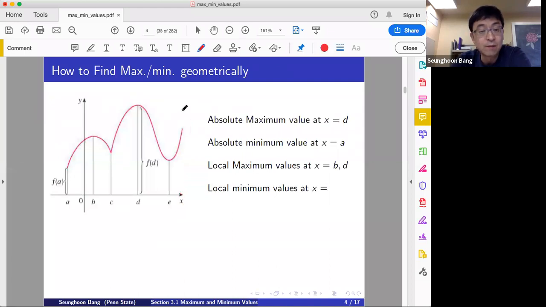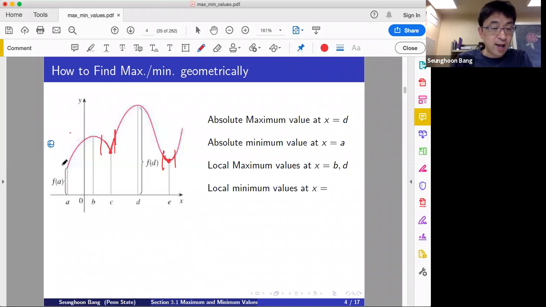The local minimum is very similar. What is the x value for the local minimum? A, C, E is right? Here, C is right. Cutting like this, these are locally lowest points. That's good.